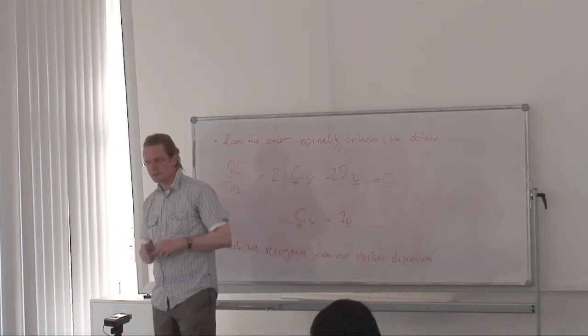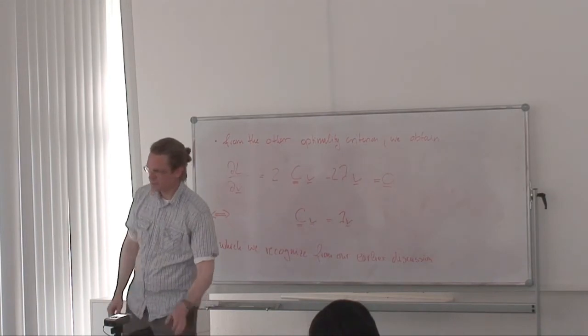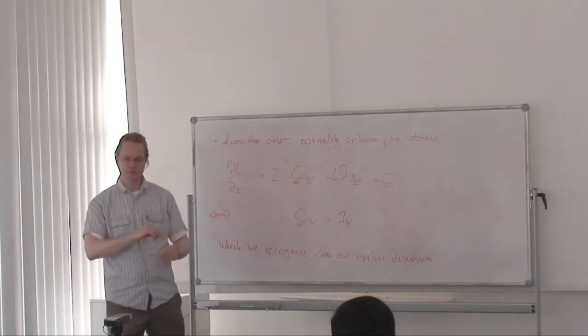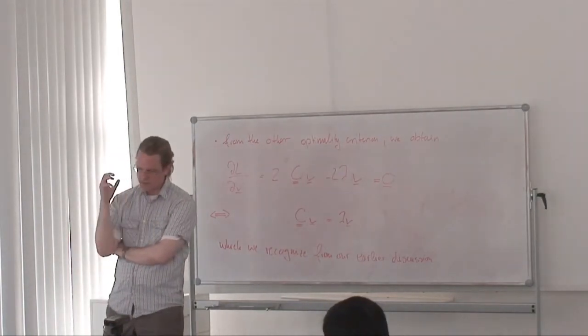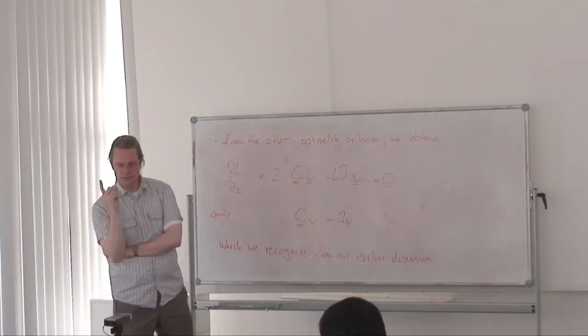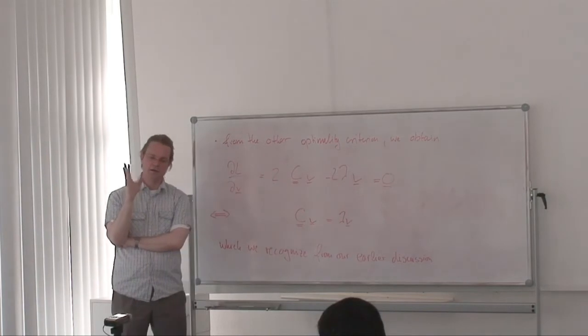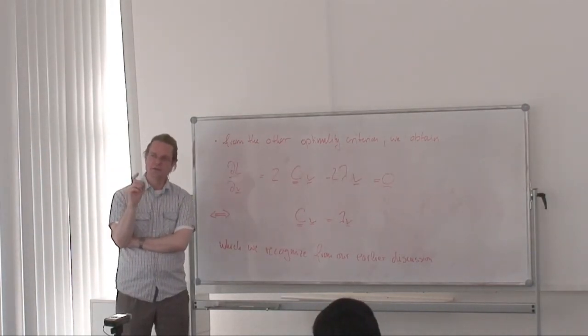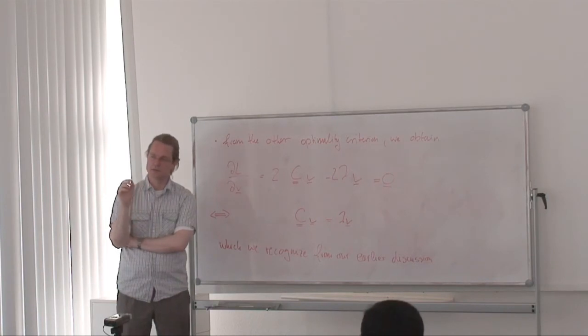Okay. What have we learned today in the last lecture? We are interested in obtaining a coordinate system which in a sense is defined by a set of data themselves.